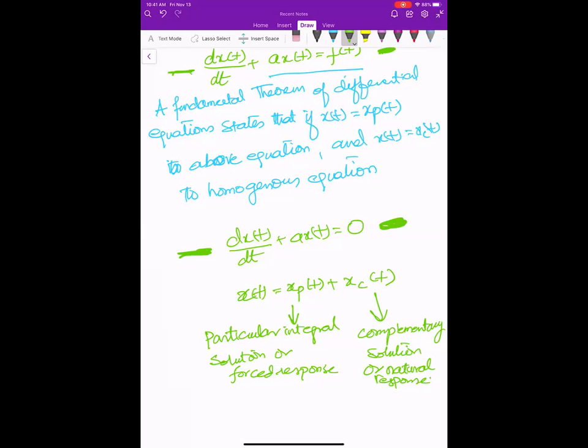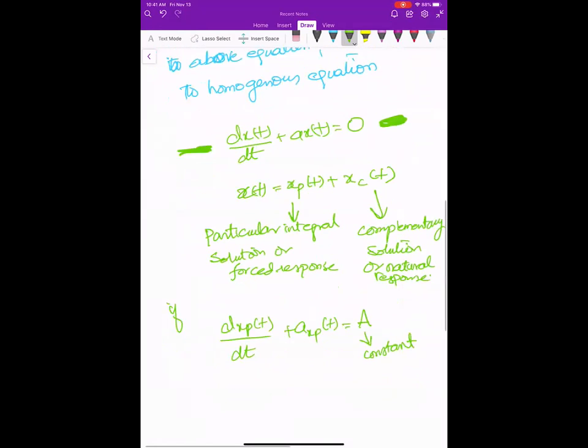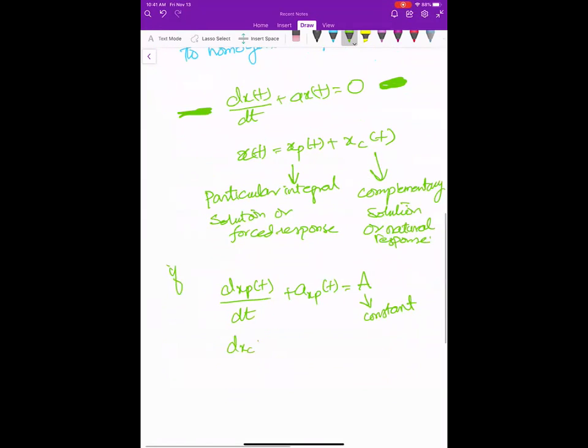So the forced response says that if dxp of t by dt plus xp of t is equal to a, where a is a constant, and then this should be zero.